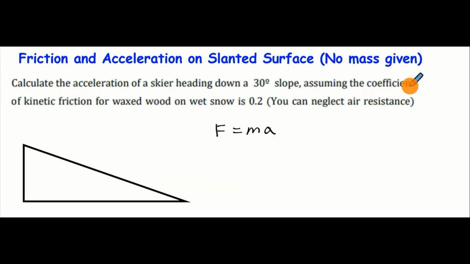And because it's a friction question on a slanted surface, they would also write down the friction calculation, so F max equals mu, the friction coefficient, times the normal force. And if you remember well, the normal force here, instead of gravity mg, is going to be gravity times the cosine of the angle.